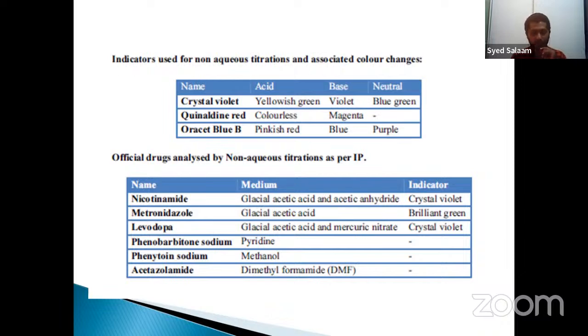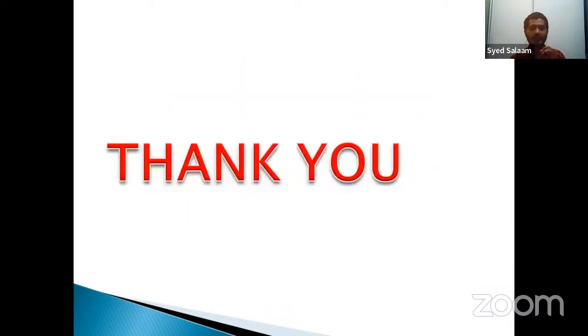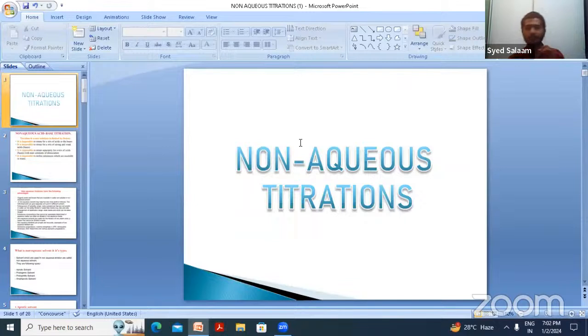Phenobarbital uses pyridine, again with crystal violet. Phenytoin uses methanol as a medium, again crystal violet, and acetazolamide uses dimethyl formamide, also with crystal violet. Apart from these, there are lists of other drugs assayed this way. So that's about non-aqueous titration.